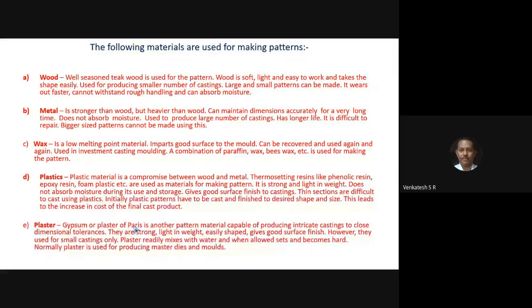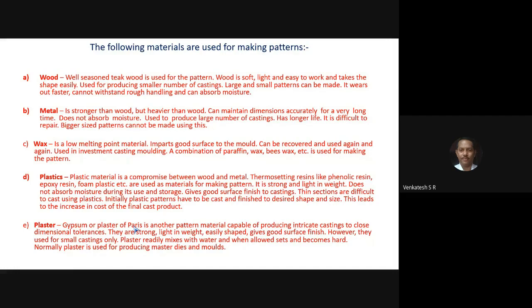Underline the complete sentence. The following materials are used for making of pattern. First, subdivision A, wood. Underline that. Put a colon and hyphen. Well seasoned teak wood. You write down only this much.